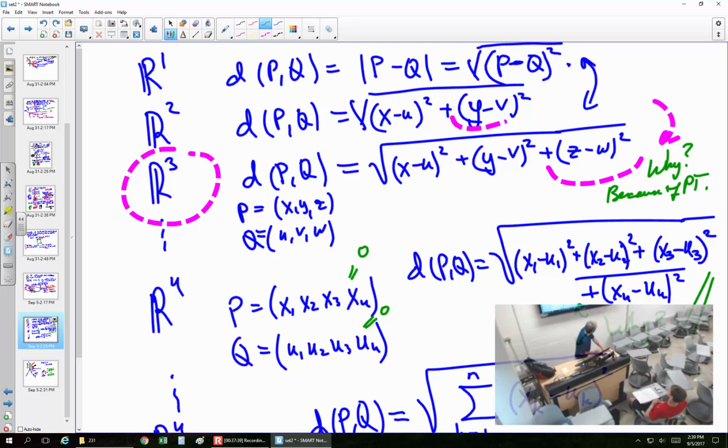What was the question? So we are in R4, and what if P and Q happen to be located within a three-dimensional space, which we acquire by setting the last coordinate equal to 0.